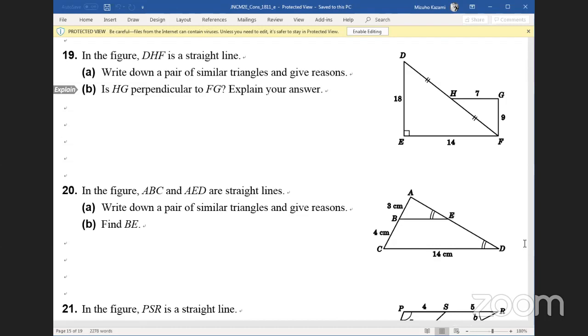Maybe we try this one quickly. Number 19.